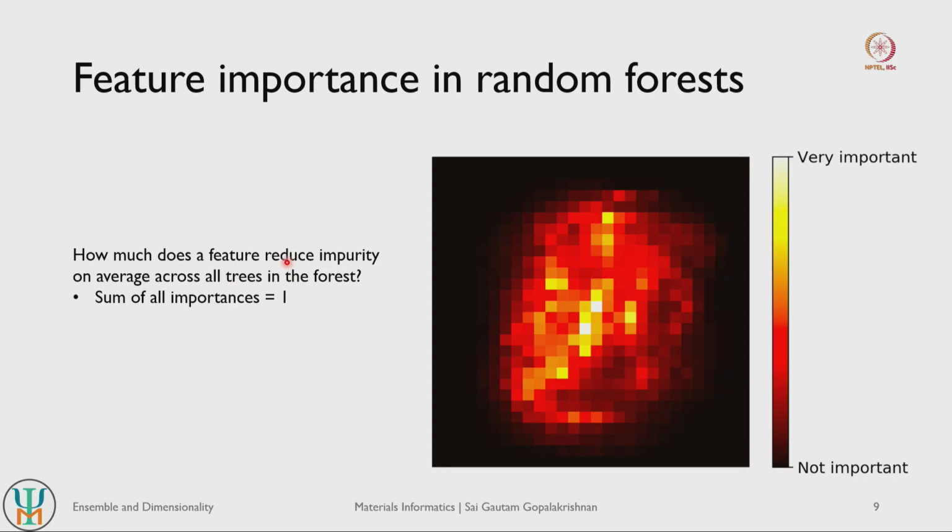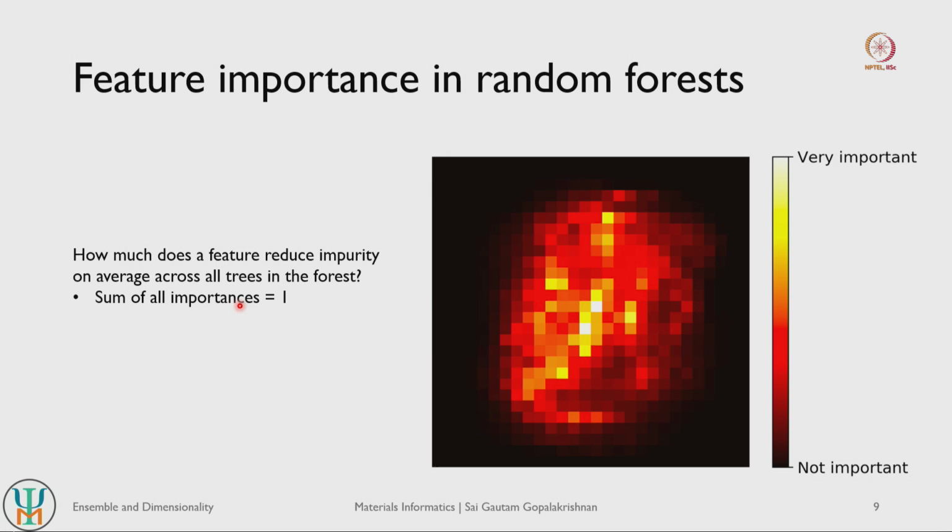This is something that can be readily calculated with random forest models, and the basic thing to note is that the sum of all importances will be equal to 1. If you add up the importances for all the features, that should come to 1. So these are all normalized importances, and we can identify the important set of features very quickly using a random forest model.